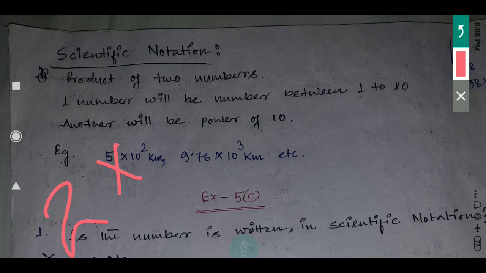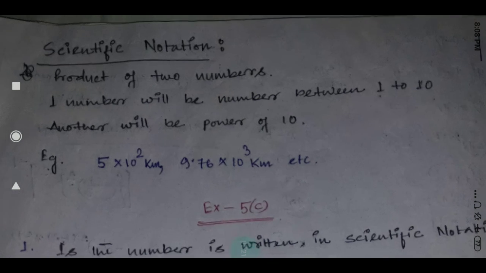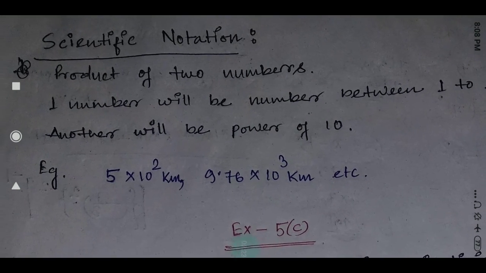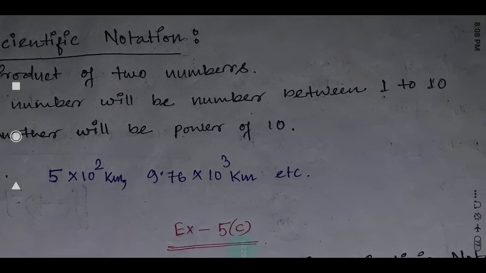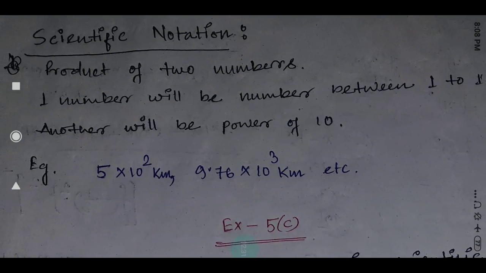So the rules are: scientific notation is a product of two numbers, that means two numbers will be there. Product means multiplication. One number will be between 1 and 10.